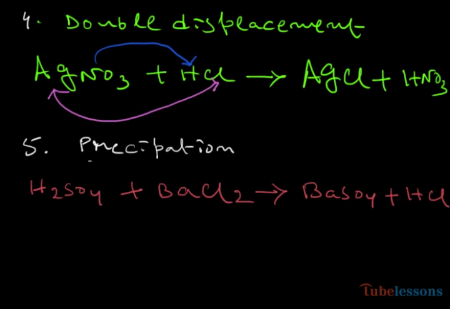In this reaction, barium sulfate forms an insoluble precipitate, so it is called a precipitation reaction. Therefore, we can say precipitation reaction is a reaction where two substances react to form an insoluble solid compound.